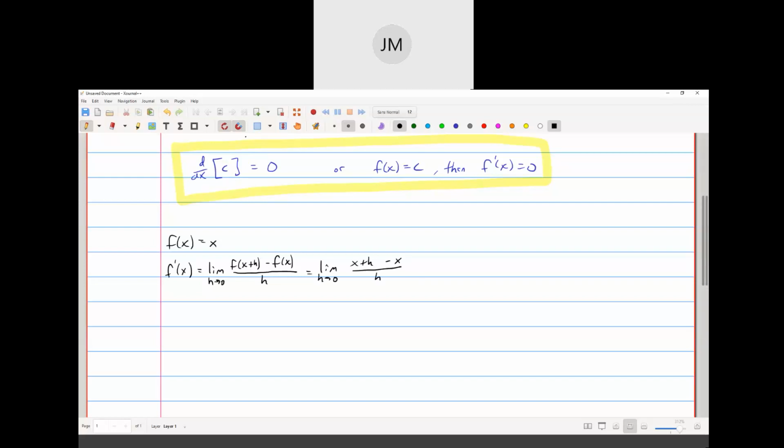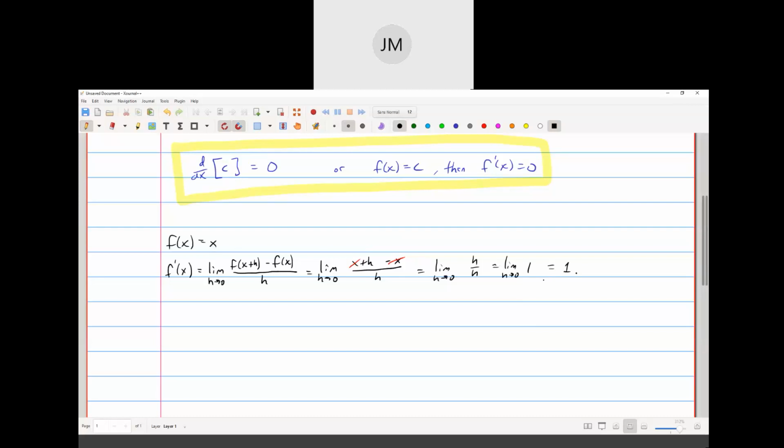Okay. So here the x's add to 0. So we have the limit as h goes to 0 of h over h, which is 1, and the limit of a constant is that constant. Okay. So the derivative of x is 1.